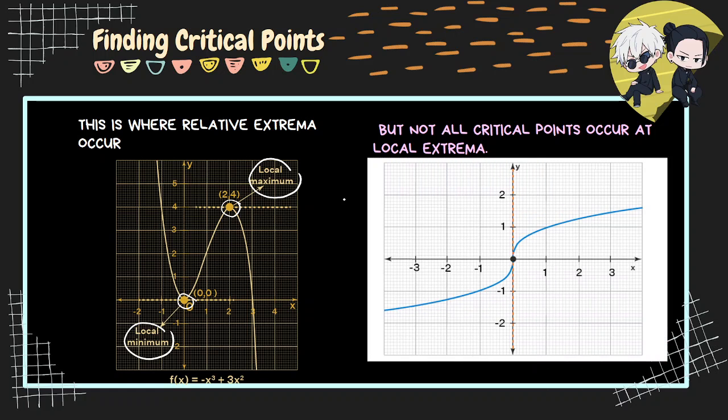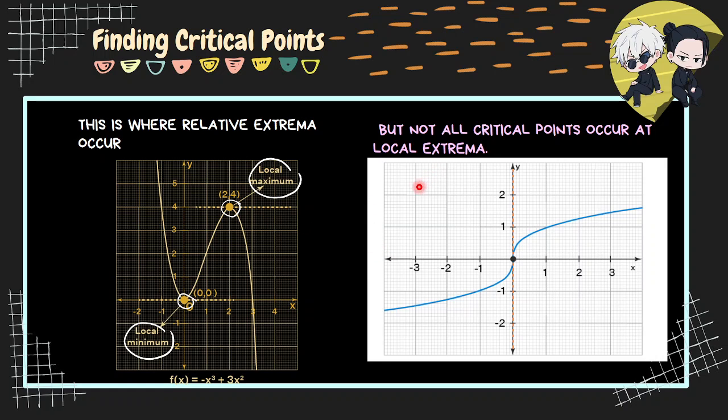Because in this function, this is also a critical point. But the problem is, this is not our local extrema. It is not a local minimum, it is not a local maximum. But it is a critical point. Right? All local extrema are found among the critical points. However, not all critical points can be found at the local extrema.